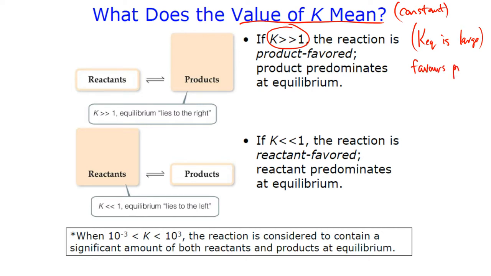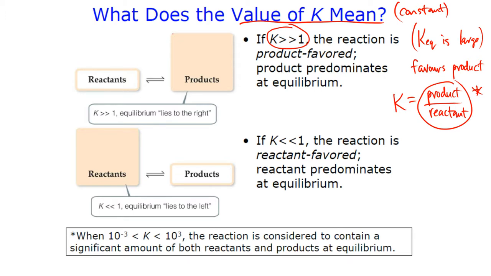Using some simple math, if our ratio comes from the product concentration divided by the reactant concentration, how does this fraction give us a number much larger than 1? It means the number on top must be a lot larger than the number on bottom.